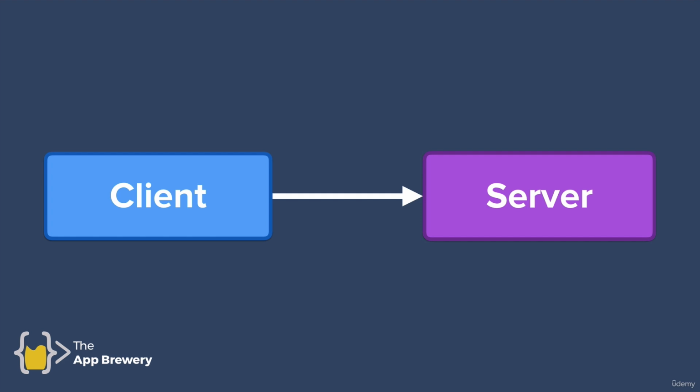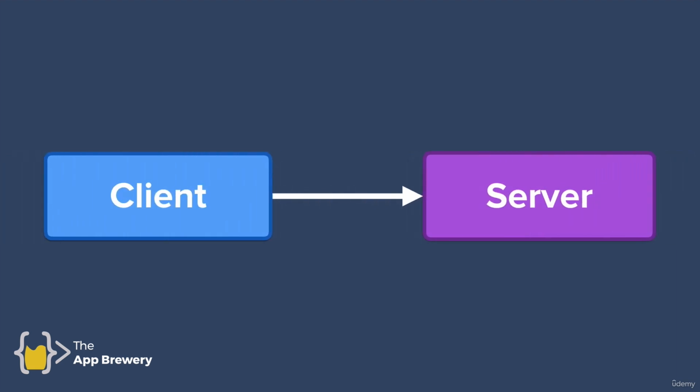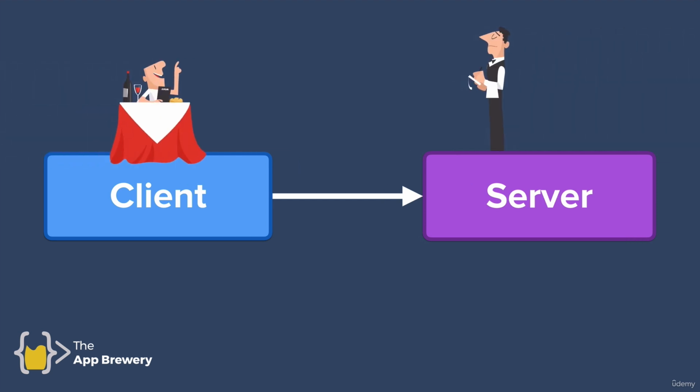So let's just review it quickly. So the client makes a request to the server. So what exactly is the client? Well, if we were in a restaurant, the client would be the client who's paying for the meal, right? And the server would be the server staff at the restaurant. So when our client makes a request, say, I'd like a pizza, please, then the server has to check to see if this is something that the restaurant can fulfill.